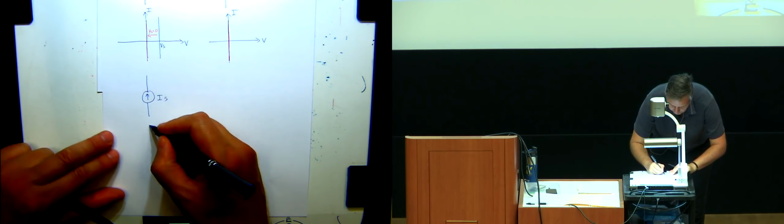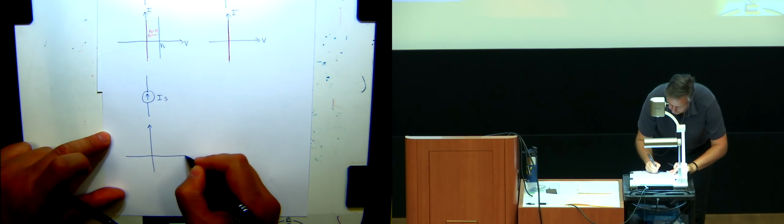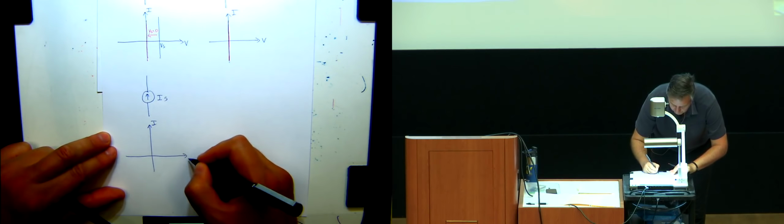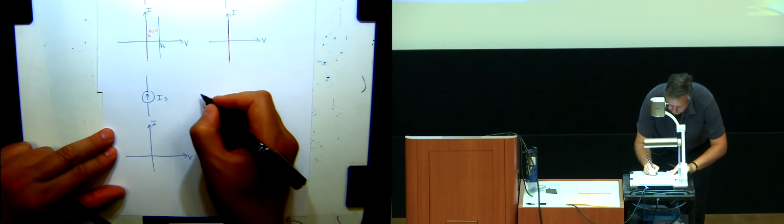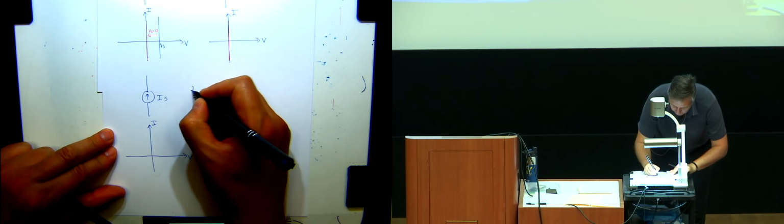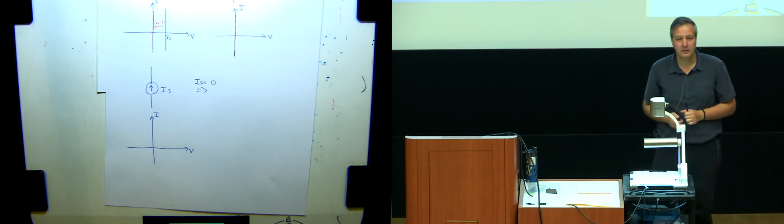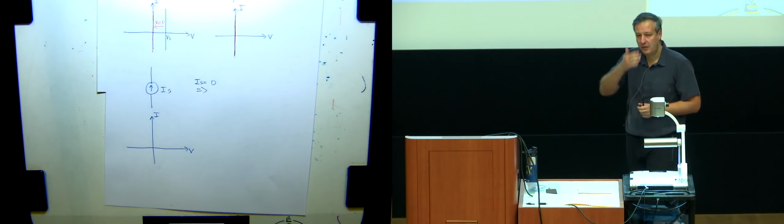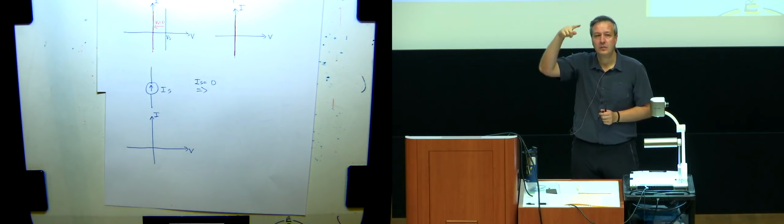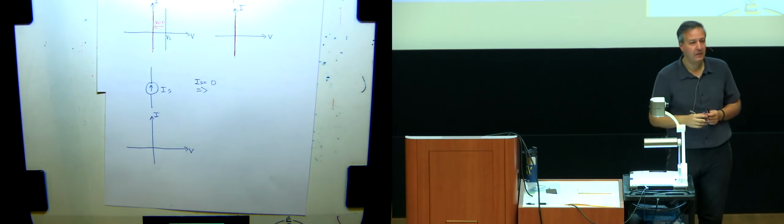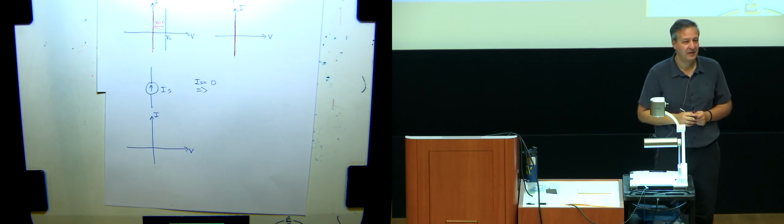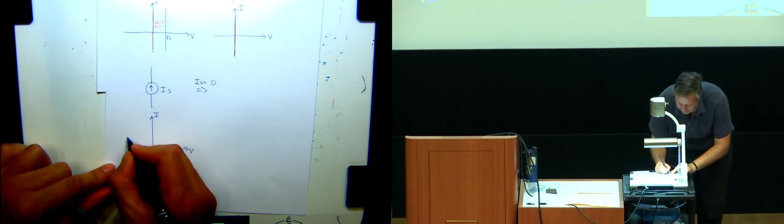Okay, let's do the current source. Okay, what does the current source look like in IV space? Horizontal, where? At which value? Yeah. Okay, IS.